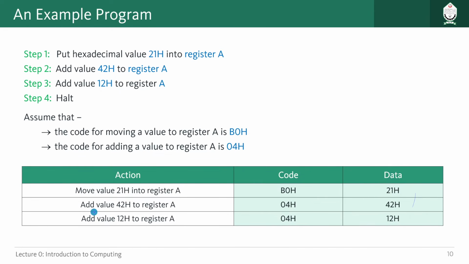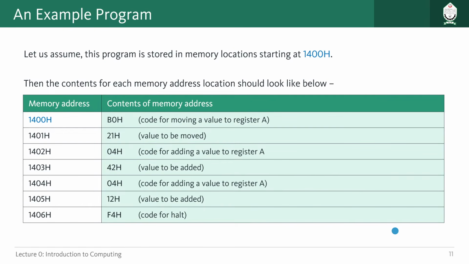And then the next one is add value 42H to register A, which is what? This is the code as we have seen here, and the value to add is 42H. For the next one also a similar thing. This is the code to add any value to register A, and this is the value we want to add. And also for halt, we need to have another code, right? I think F4H was the value, yeah.